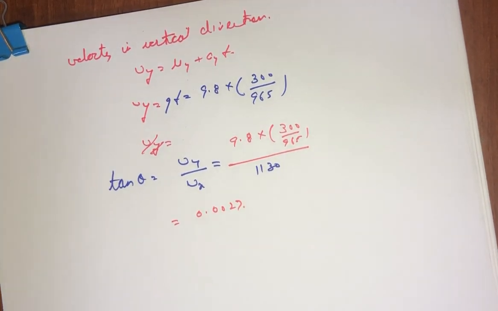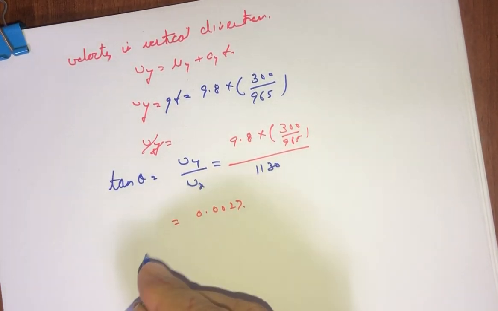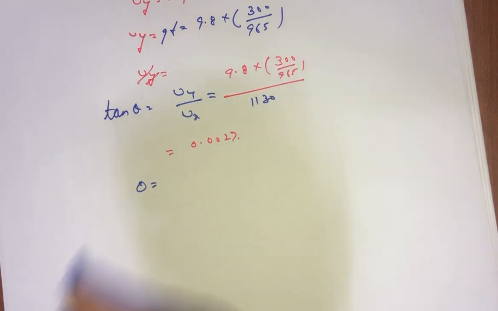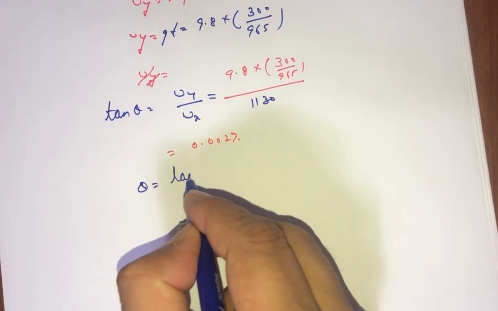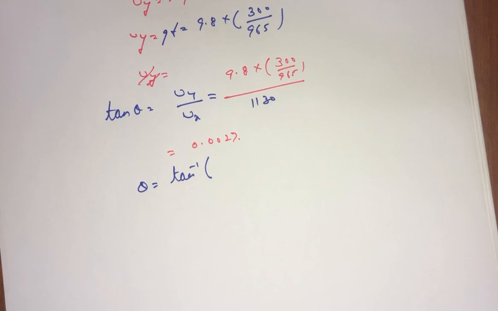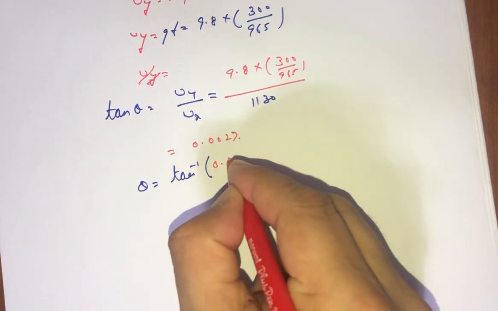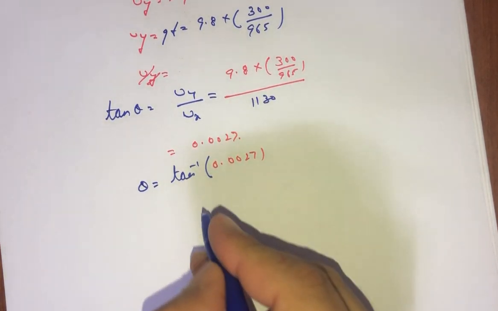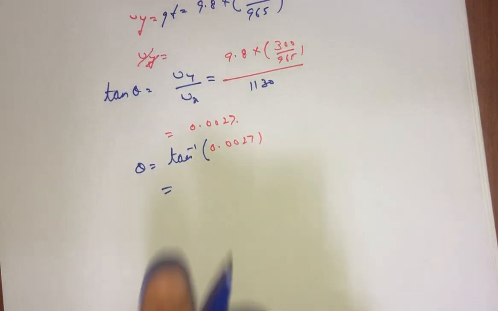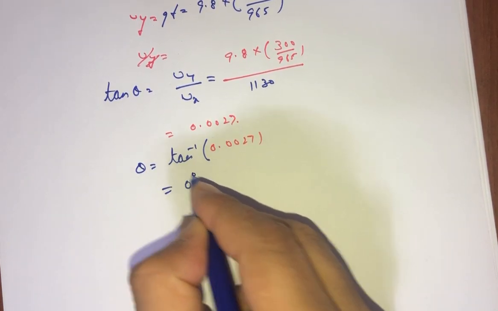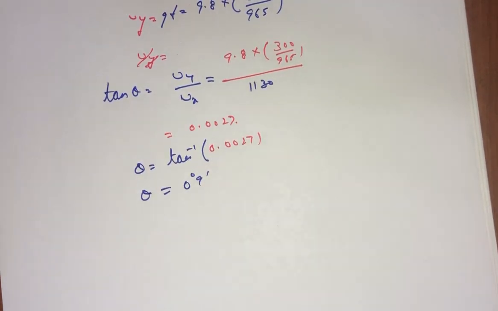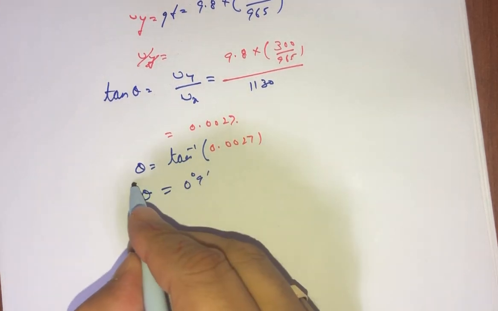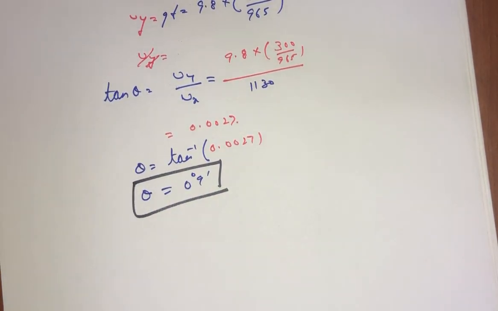So we can say that theta is equal to tangent inverse of 0.0027, and this can be written as 0.9 degrees, and this will be theta. So the final answer, that is theta, is equal to this value. So we found out what the Sy is, and we found out what the theta is. Thank you.